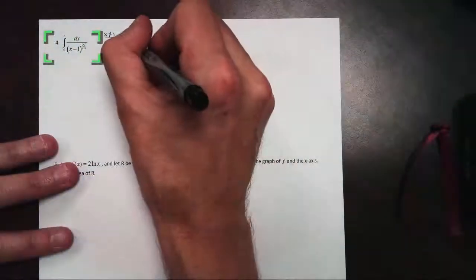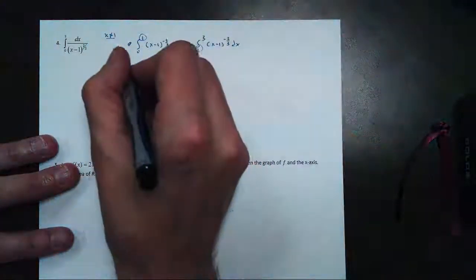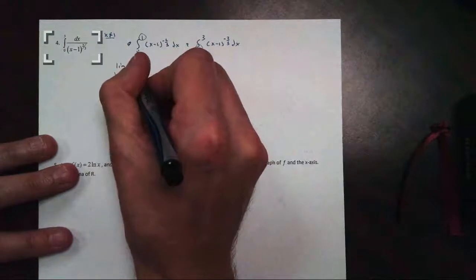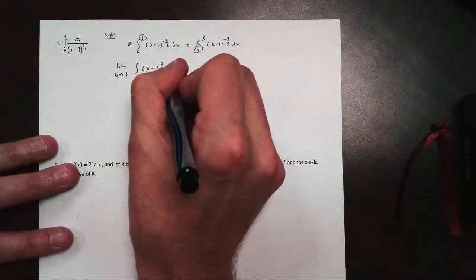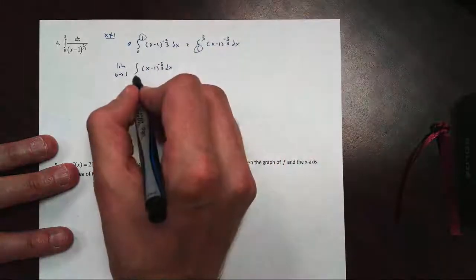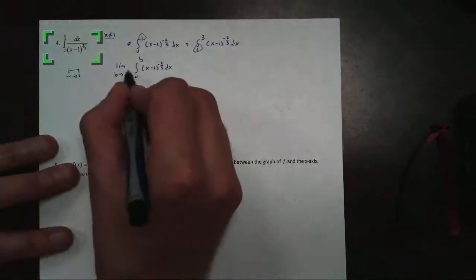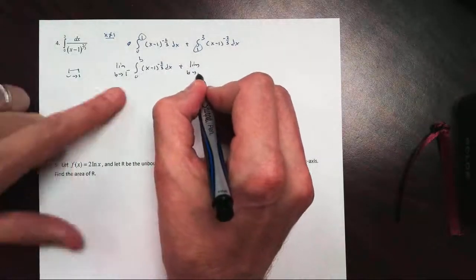So there's not a negative, so I'm going to have 2 limits on this one, because I can't be 1 in either case. So for the first one, I'll say it's the limit as b goes to 1 of my integral, x minus 1 to the negative 2/3. And you might have got onto a pattern here, because if it's from 0 to 1, we're approaching from the left, so it's going to be negative. And the next one, the limit, and I'm going to still call that b because it's the same one.